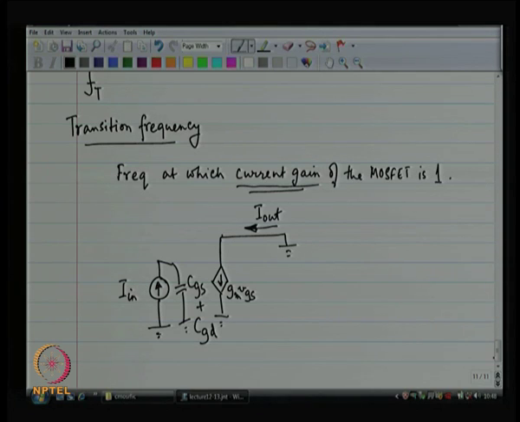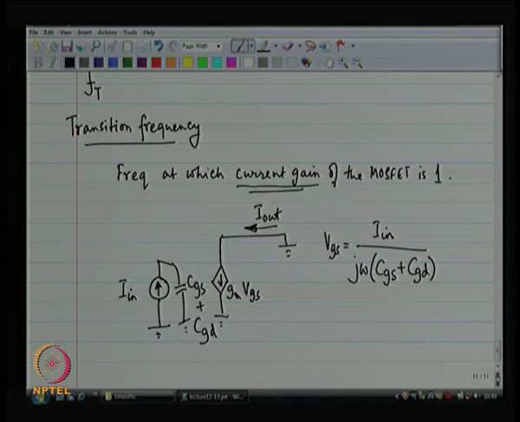Okay. Now, I am pushing this current I in. As I am pushing this current I in, a potential is going to develop across the capacitors. Okay. What is the potential that is going to develop across the capacitors? Right.